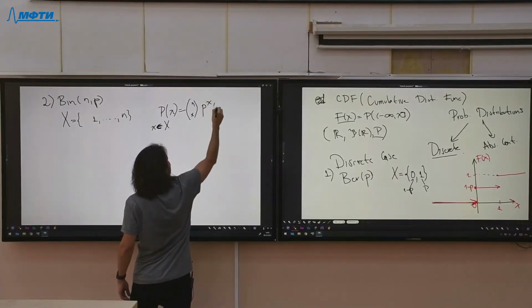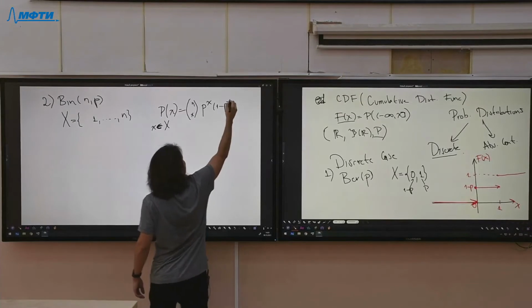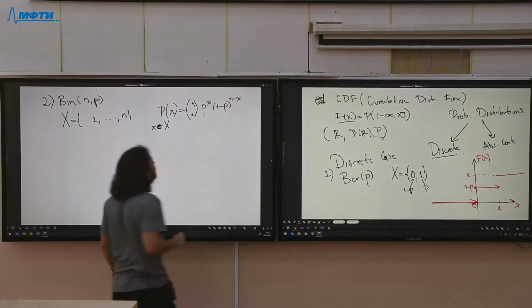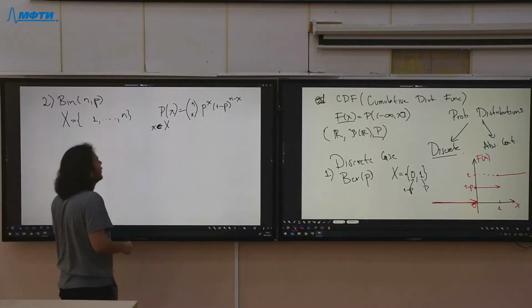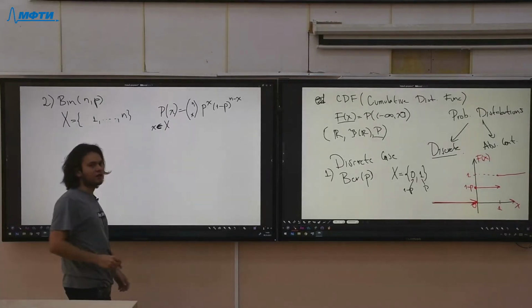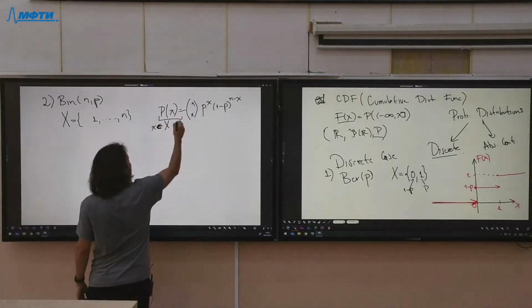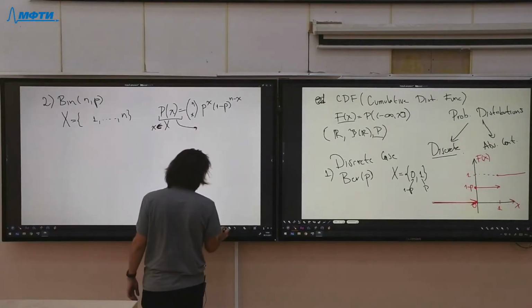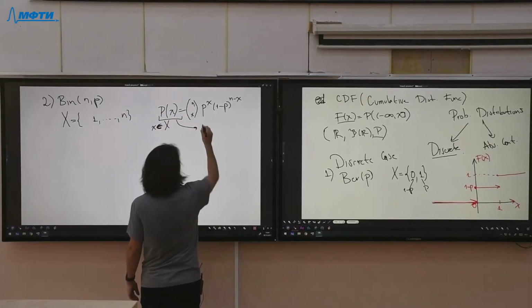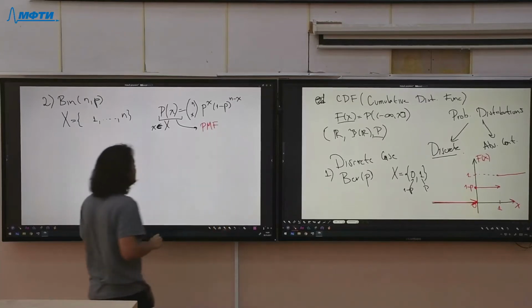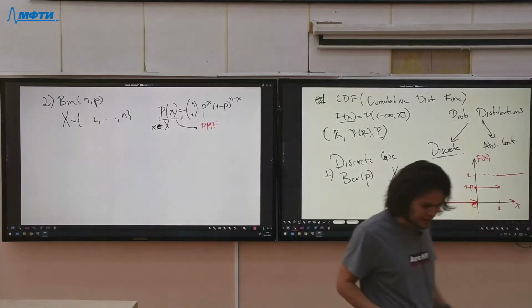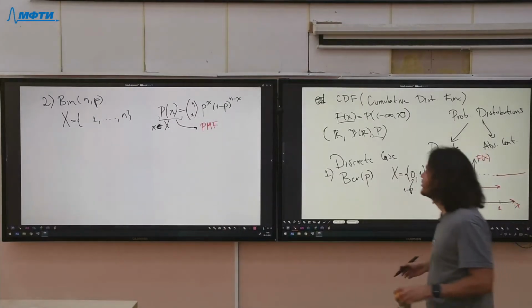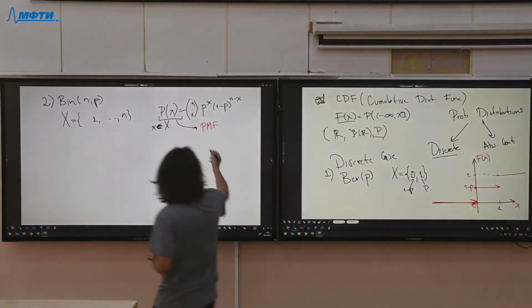So this is what? This is the probability mass function, right? So we know that this is a probability mass function, PMF, right? Or we call it the discrete density, but in English it's often called PMF.